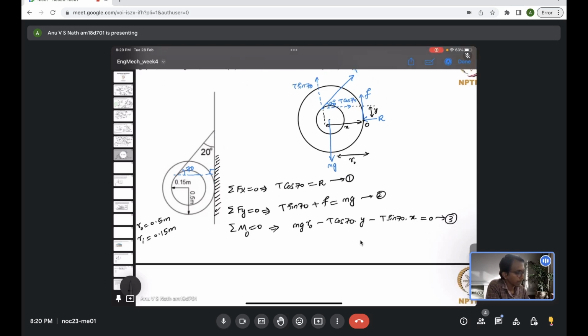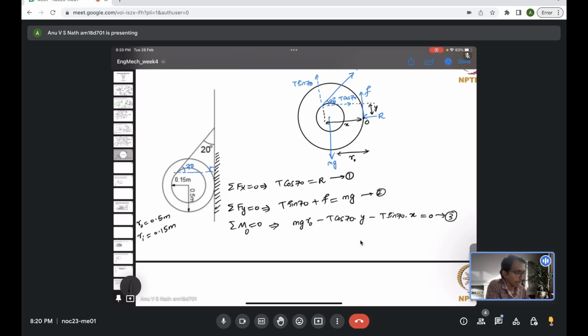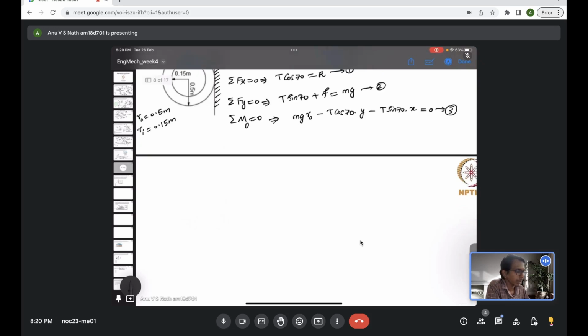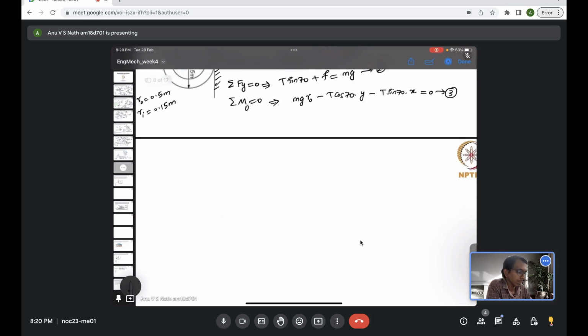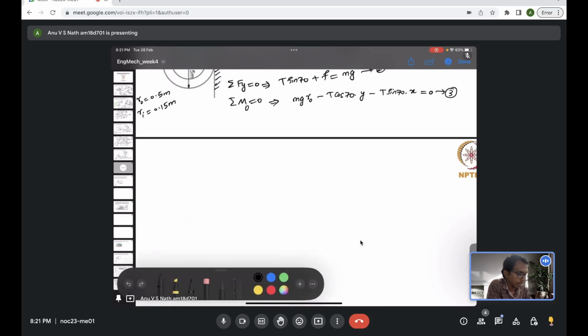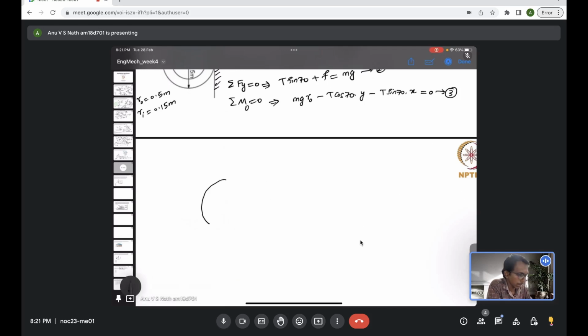So we have to start from equation 3, and first we have to identify what x and y are in terms of the known parameters. It is basically a geometric thing, so we'll do that here. Let me draw the circle again. This time this is the inner circle. I just want to draw this a little bigger.